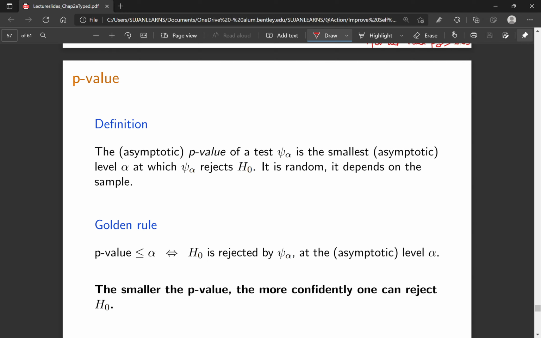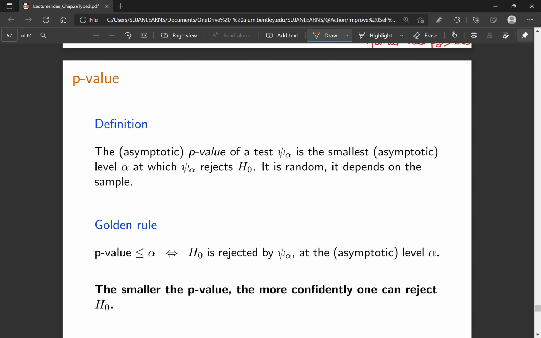In the end, let me quickly summarize what we learned today. We learned about the p-value. The p-value is the smallest alpha where we can still reject the null hypothesis. If we go below that value, then we are not rejecting the null hypothesis anymore.